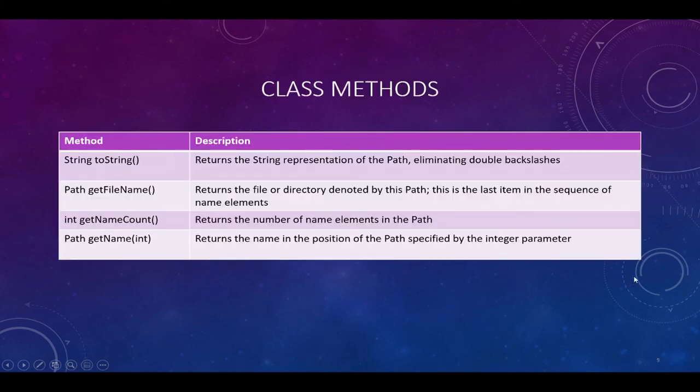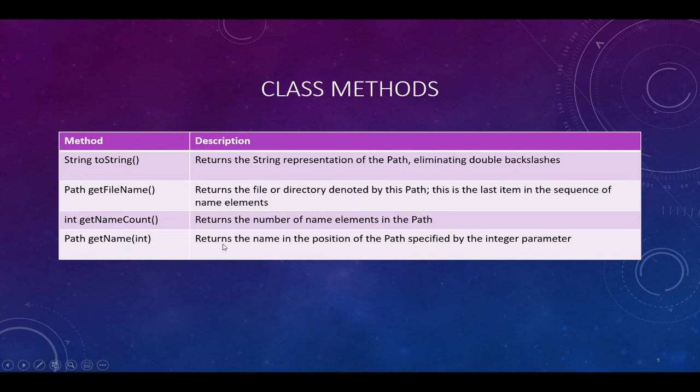There are a few methods that are good to remember and keep in our toolbox, okay? We have a toString, so that is going to be the path, and it's going to get rid of those double backslashes, okay? The getFileName, it's going to get the file or directory noted by whatever path that is. getNameCount is going to be the number of elements in the path, and each element is going to be a folder separated by those backslashes.